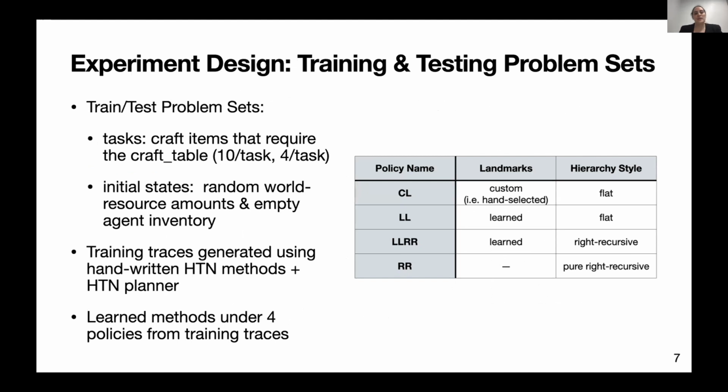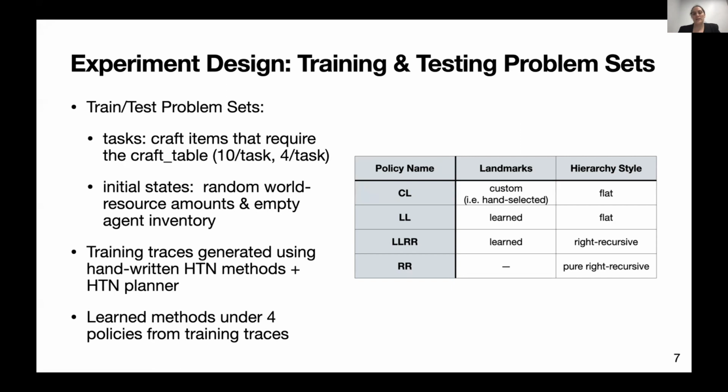For the experiments, I selected a set of craftable items of a sufficient complexity to serve as our tasks. So for the training problems, we had 10 problems per task. And for the test problems, we had 4 problems per task.